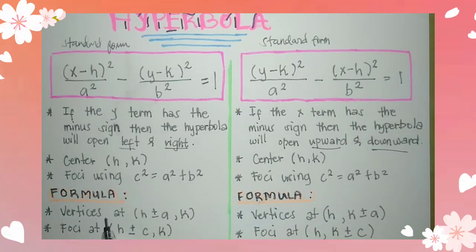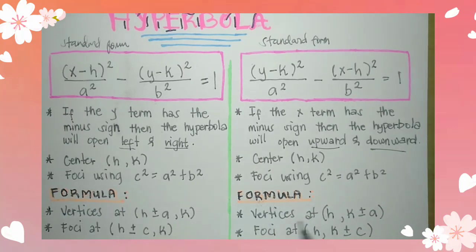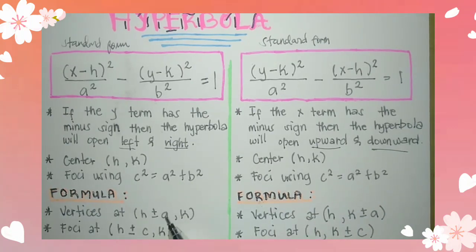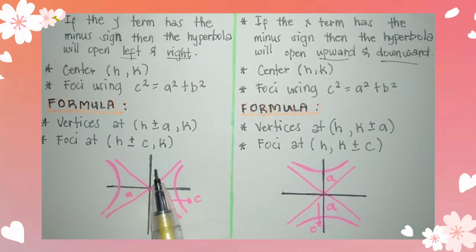Okay? And sa formula nila, magkaiba sila ng formula ha. Upward and downward, meron tayong formula for vertices and foci. So, pwede natin siyang hindi gamitin later on. Pero syempre, i-check natin kung tama ba yung makukuha nating mga coordinates. Okay? So, take a look at this figure. This is an example of the left and right hyperbola.